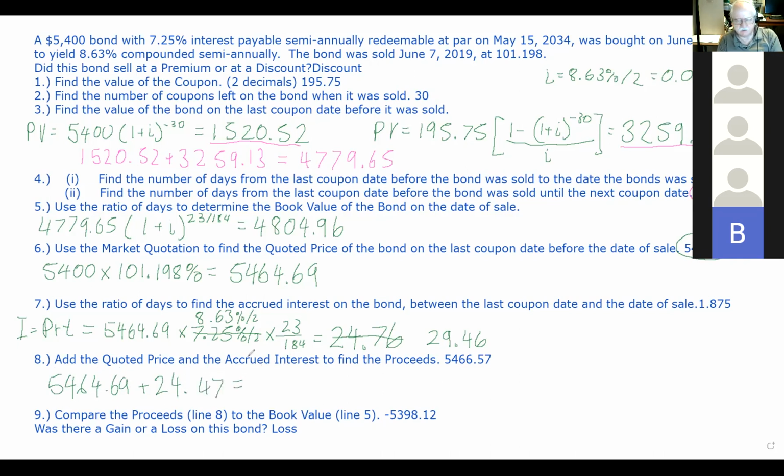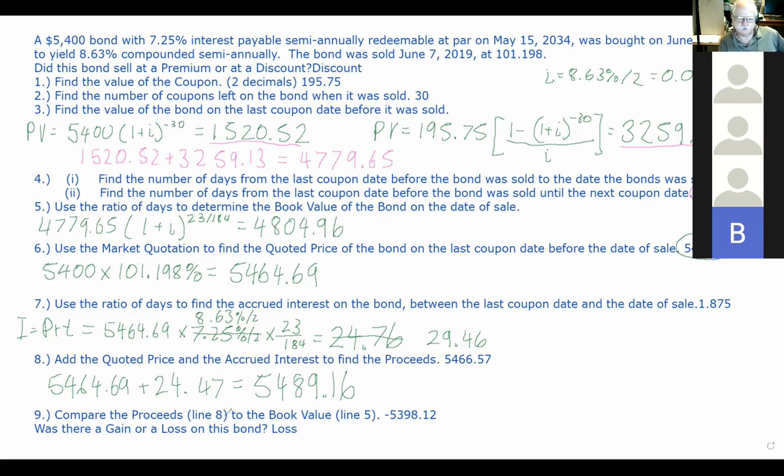And does that give us the answer they came up with? 5464.69 plus 24.47 is 5489.16. So that gives us the answer they want here. And I'll have to figure out what we're doing wrong, because there's something not working there.